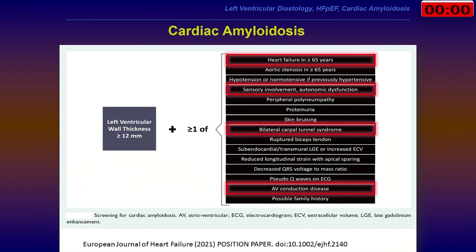So your patient must have heart failure, old age more than 65 years, aortic stenosis developed very late. Sometimes if your patient is hypertensive, he got hypotension or became normotensive, some sensory involvement or autonomic dysfunction, carpal tunnel syndrome, proteinuria, ruptured biceps tendon, and of course some degrees of arrhythmia.